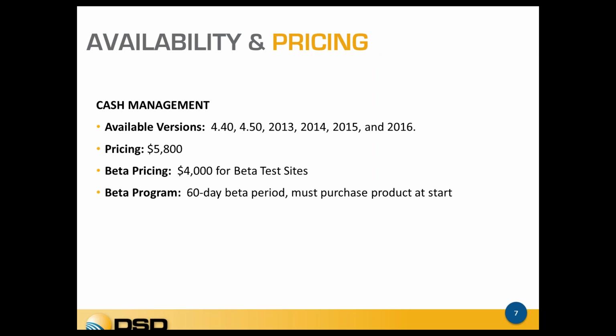All communications will be through enhancements at dsdinc.com. And finally, at the end of the 60-day beta period, the user must complete a cash management forecasting beta survey that we will provide, and in exchange for that, the product will be $4,000.